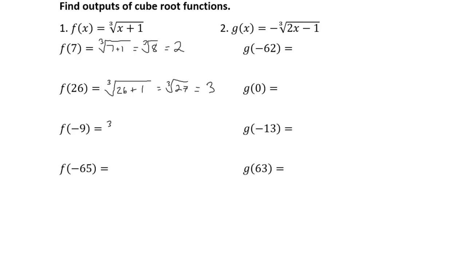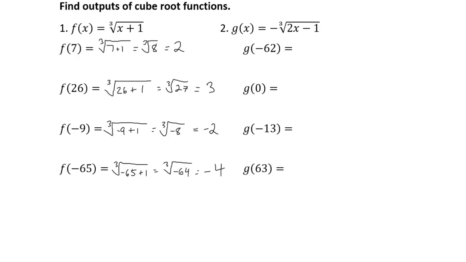All right, now we're going to plug in a negative 9. Negative 9 plus 1 gives us the cube root of negative 8, which is negative 2. Cube root of negative 65 plus 1 gives us the cube root of negative 64, which is negative 4.